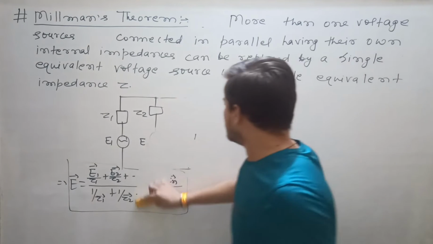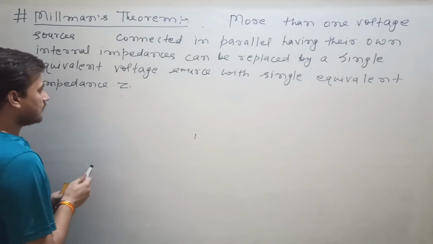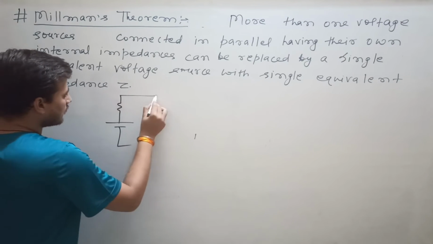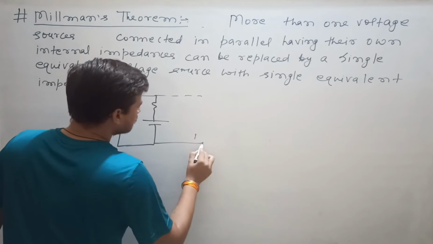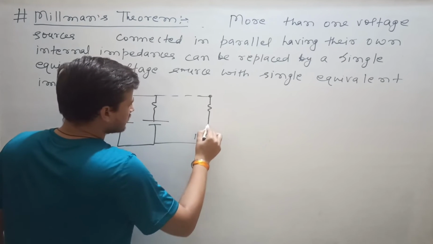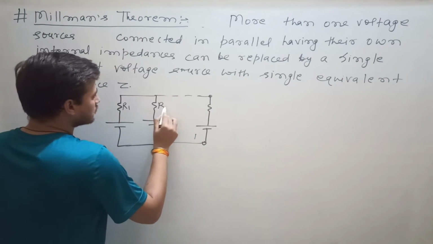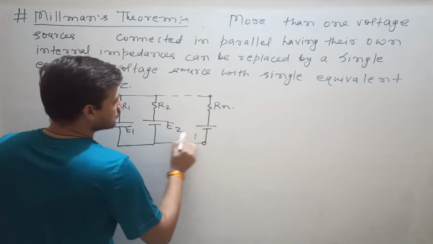Next, let us see if you are having DC circuits. If we are having DC circuits, then what will happen? See here, if you are having resistors and batteries up to the last resistor and a battery. Here it is R1, R2 up to Rn, E1, E2 up to En.